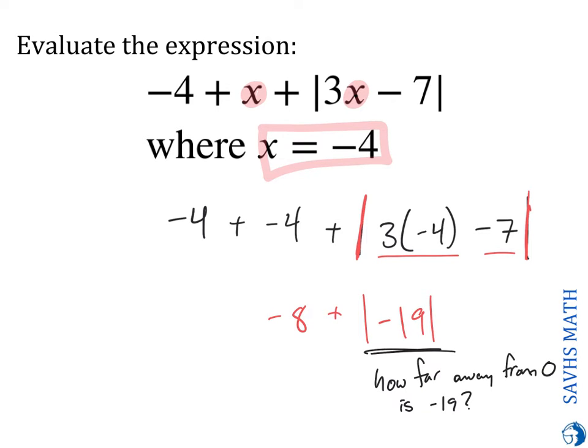The answer is 19 units. Okay, so the absolute value of negative 19 is 19. So I'm going to rewrite over here, negative 8 plus 19. Negative 8 plus 19 is 11. There's my answer.